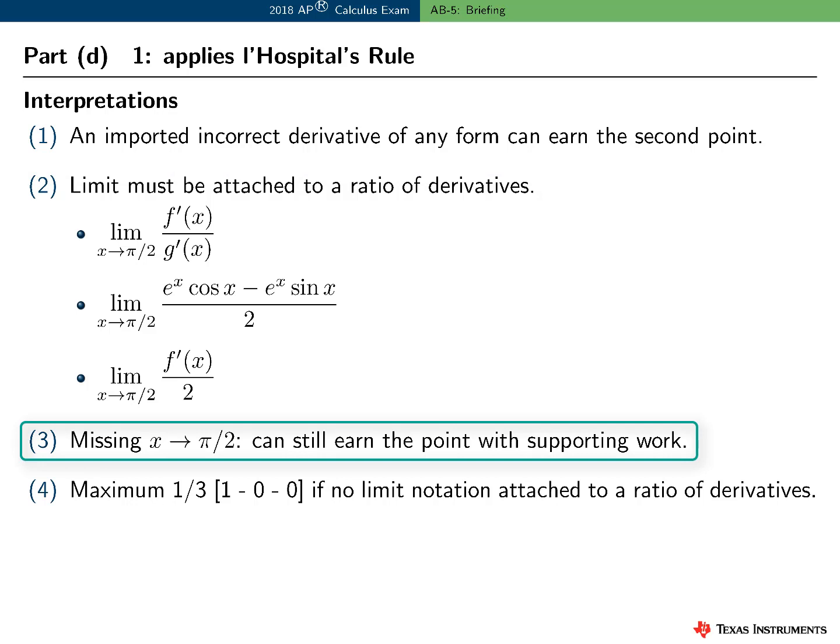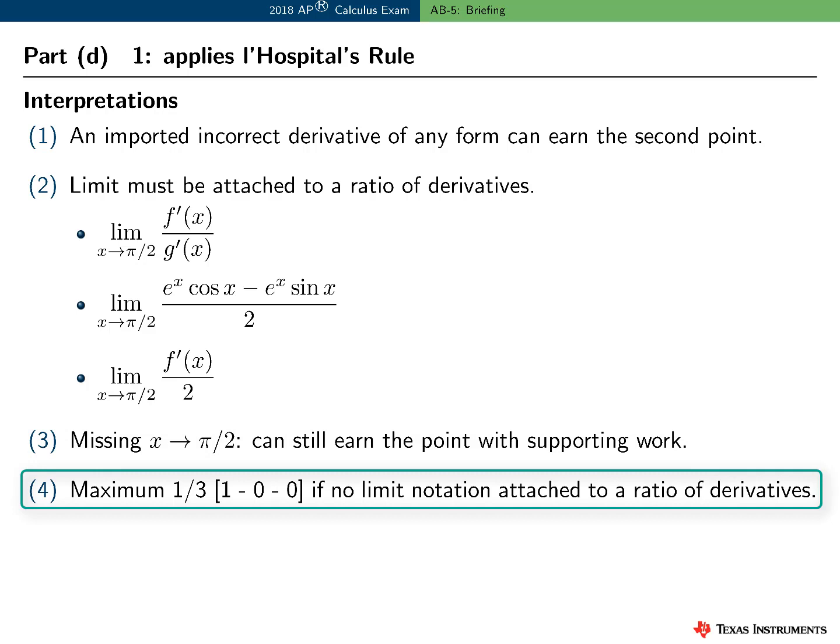If the student did not write x goes to pi over 2, they could still earn this second point with other supporting work. For example, if they presented the quotient f prime of pi over 2 divided by g prime of pi over 2. And note that if the student did not use limit notation properly, that is, they did not convey L'Hopital's rule correctly, they could earn a maximum of 1 out of 3 points in Part D.